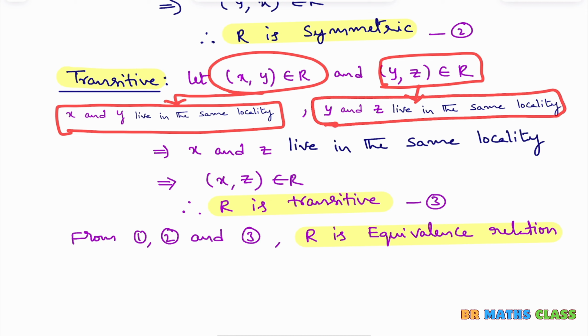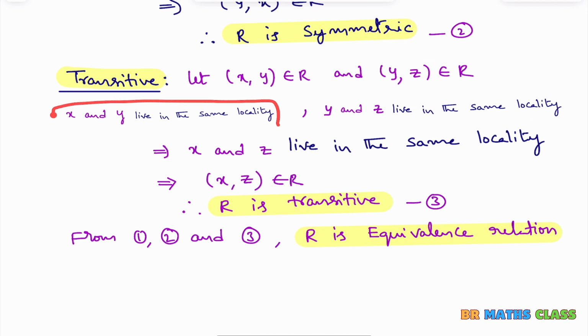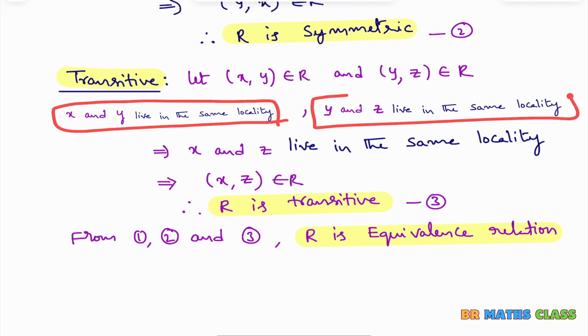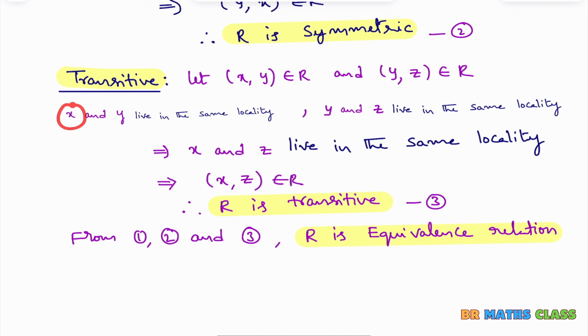You observe in these two statements y is common, right? Suppose y is in some location a. So x and y are in location a, and y and z are also in location a. From this we can say that x and z live in the same locality.